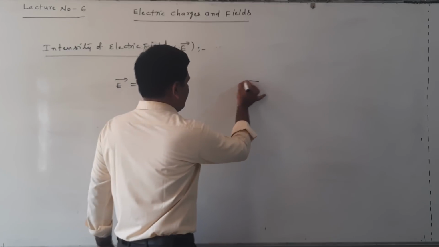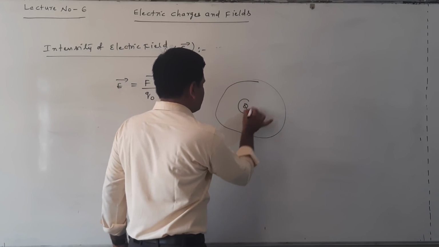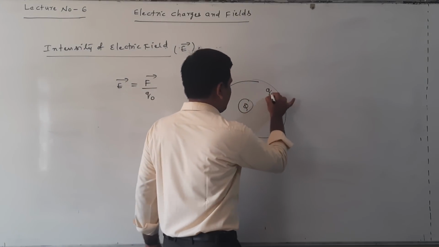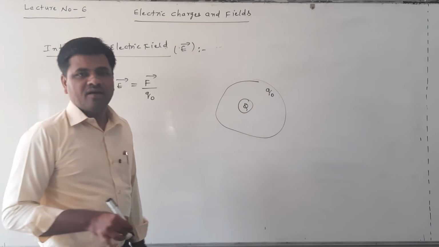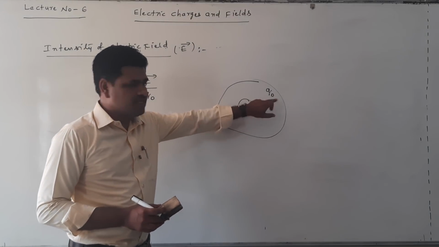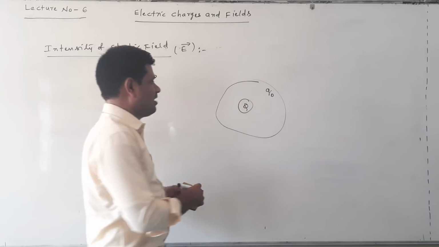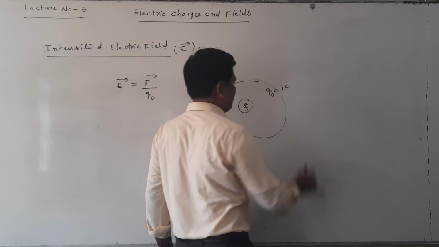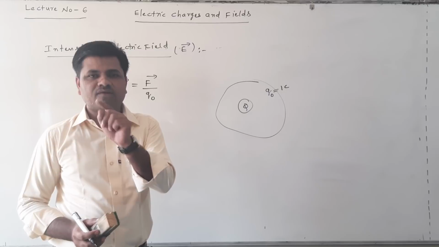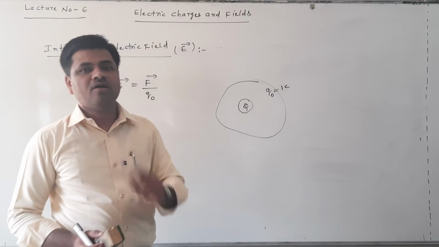Here this Q charge produces the electric field. Another test charge, Q naught, I am placing here, and it experiences the electric field. Q naught is taken as 1 coulomb. Unit positive test charge means 1 coulomb of charge.